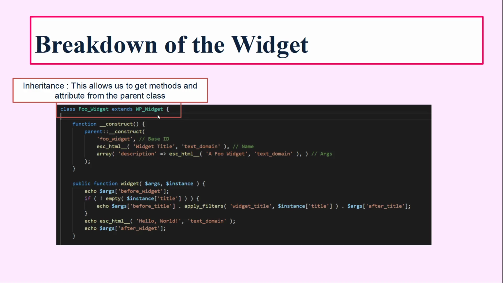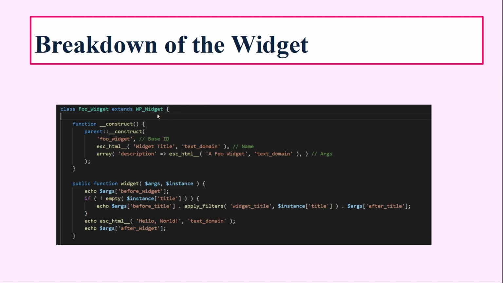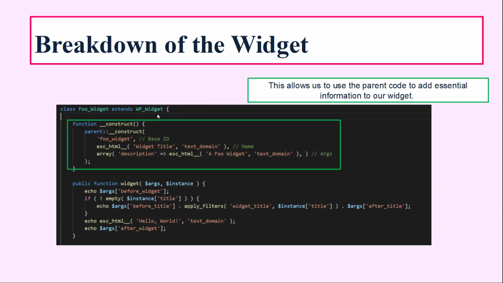So when you see extends, it allows inheritance to happen. After that, we've got two constructors. The first constructor is the constructor for our class. The parent constructor is the constructor found in the WordPress widget. So it's allowing us to use that constructor to add basic details for our widget.